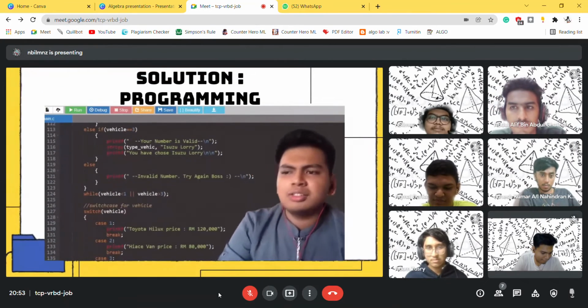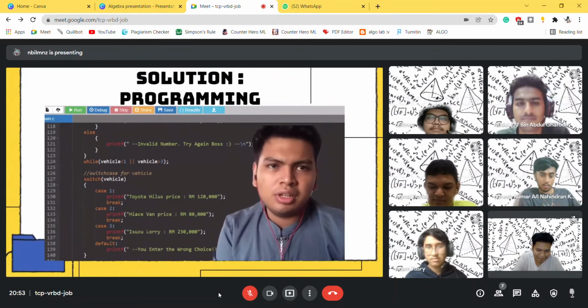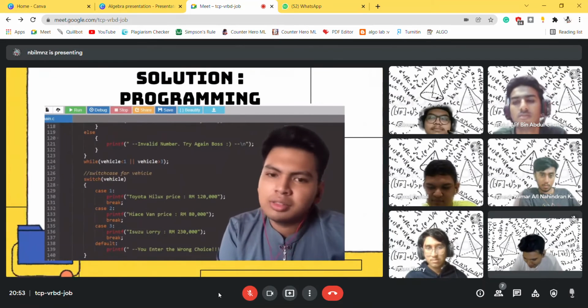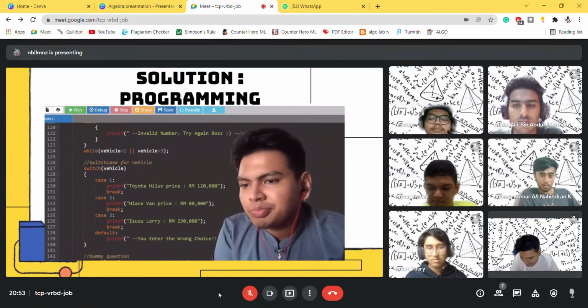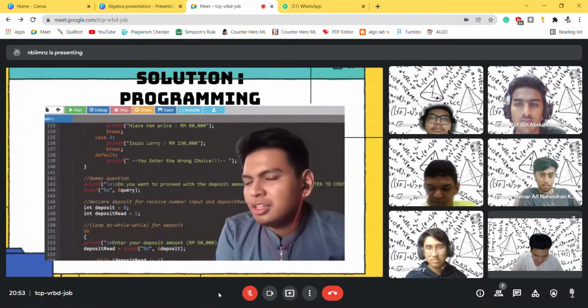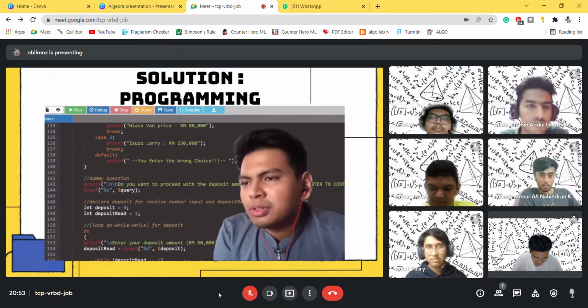So the switch case is just to tell the user that the price is equal to X in this program. After that, we have the dummy question, where we just enter any key and press enter to continue. So we go to the deposit.